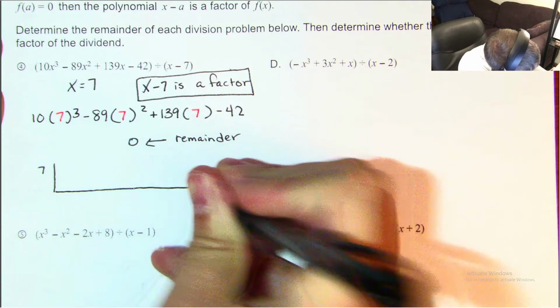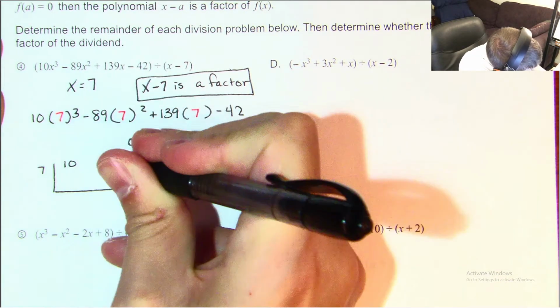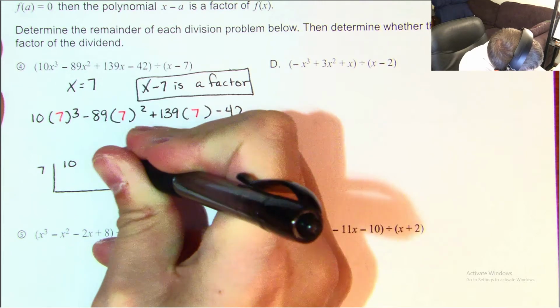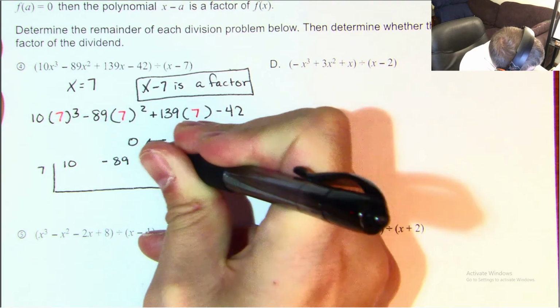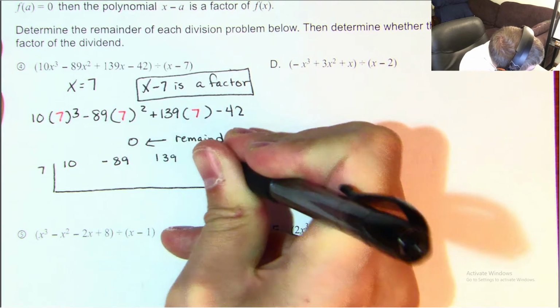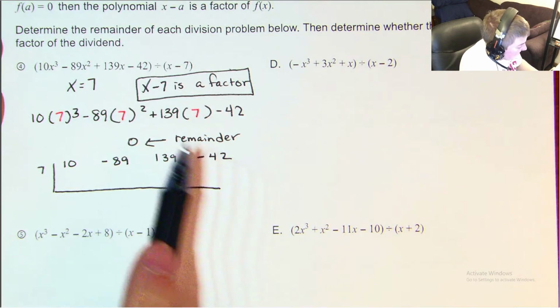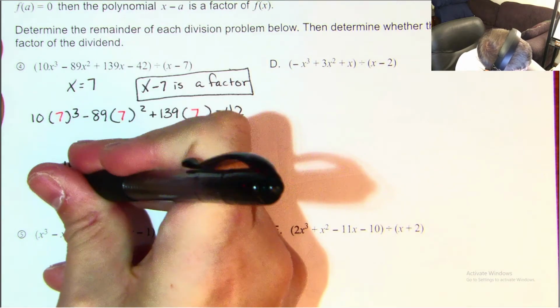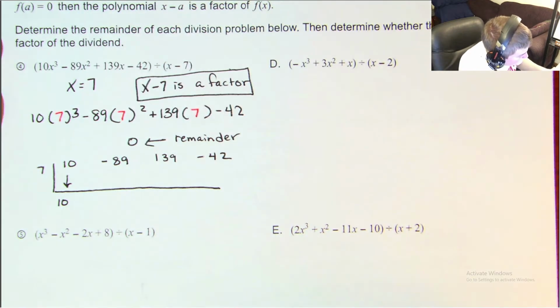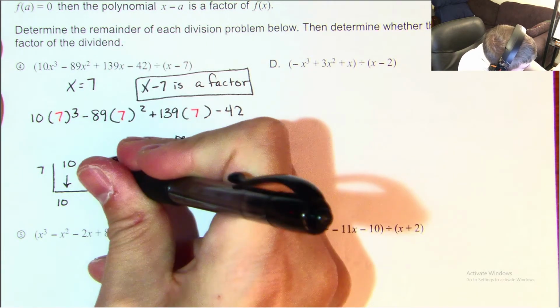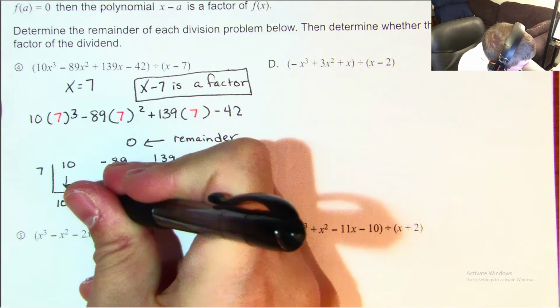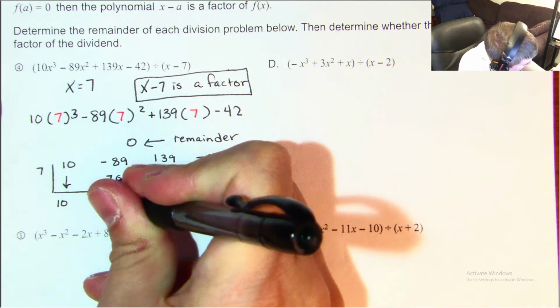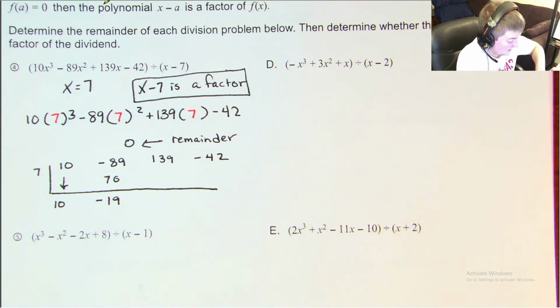We're going to use some long division here, or synthetic division, and we're just going to see that we get a remainder of 0. So I can drop my 10. 10 times 7 is 70, and then I would get negative 19 here. Let me double check that quick.